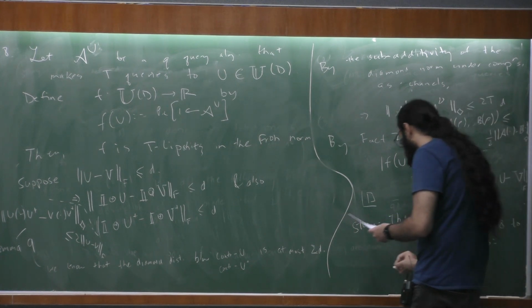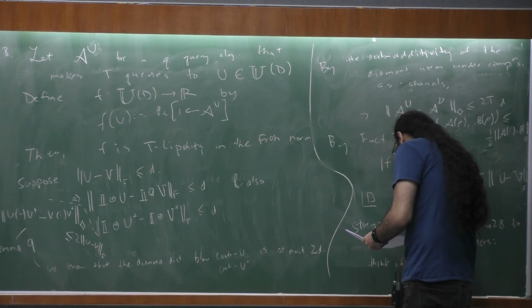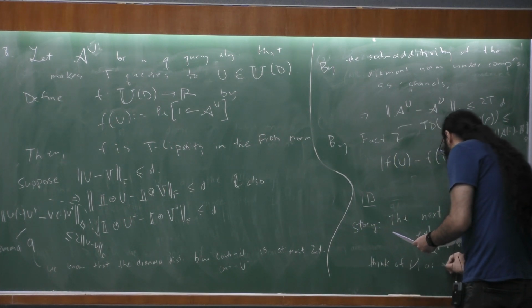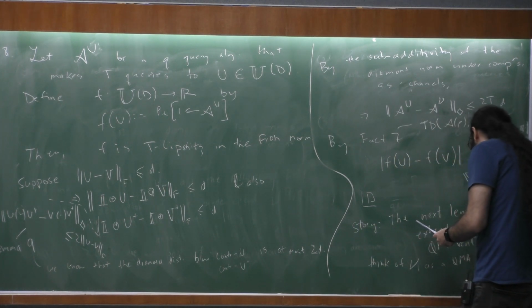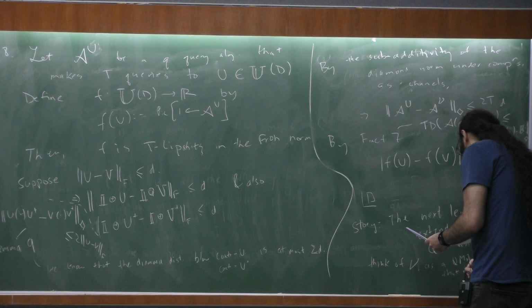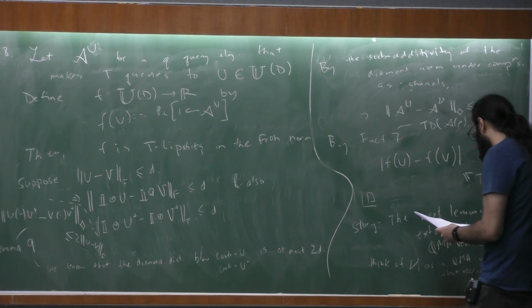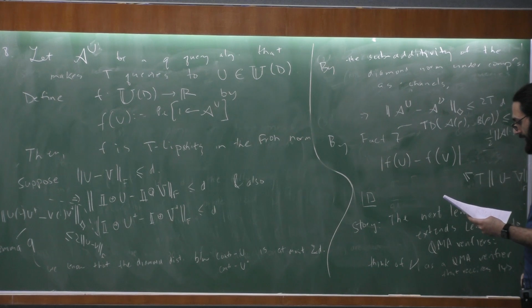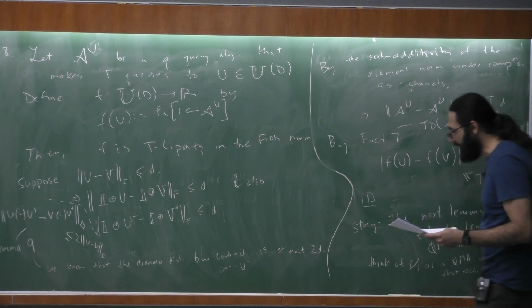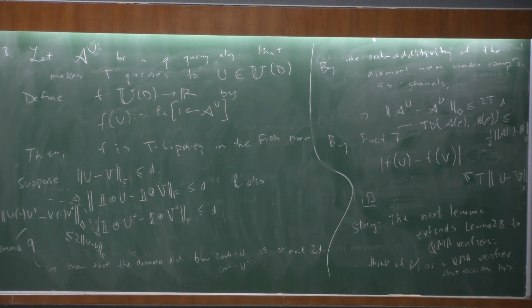So what we're going to do is we'll think of V as a QMA verifier that receives psi. Okay. And the lemma is then going to say that the max acceptance probability of V is Lipschitz.